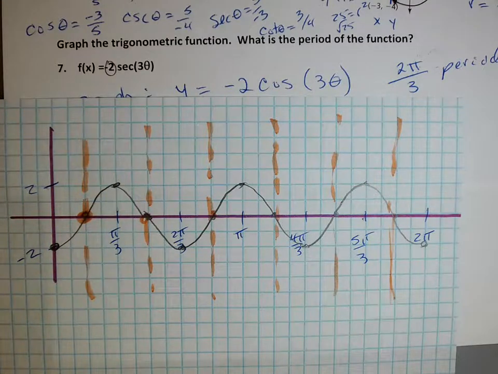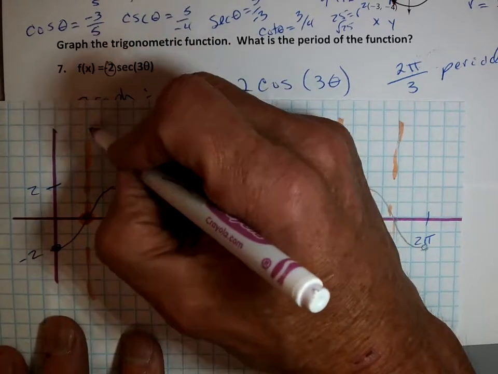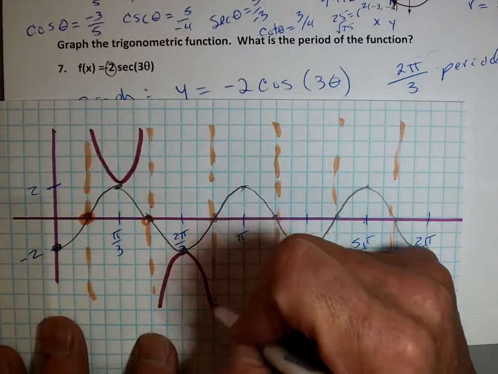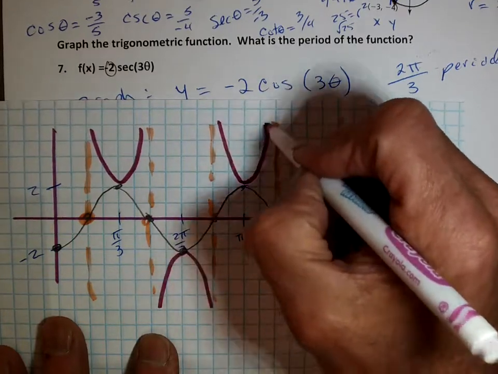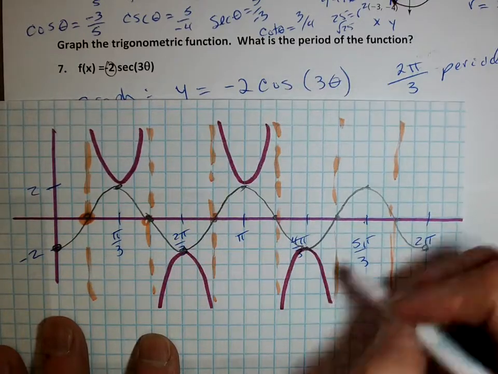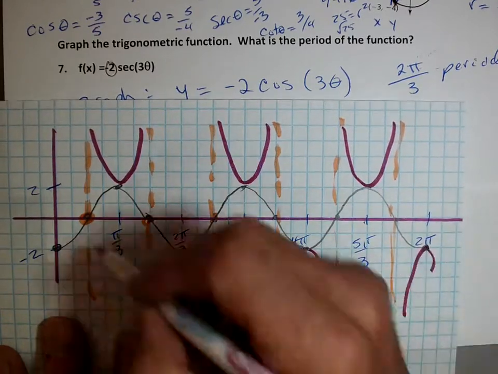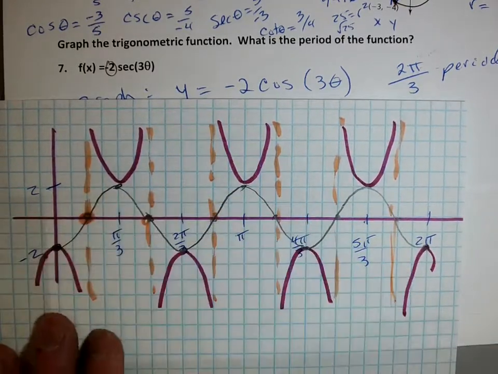Okay, so then the actual graph has to come off of that. So here's my answer. Here's a secant graph right there. So all I have to do is get the cofunction first, and then the rest is easy. How's that?